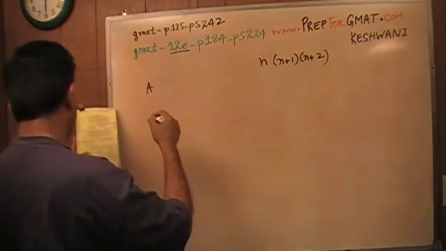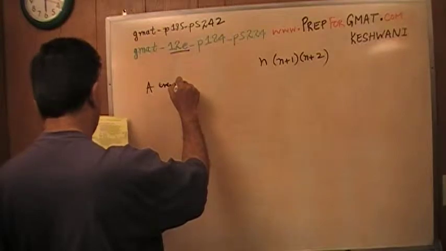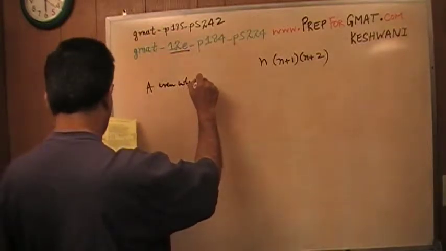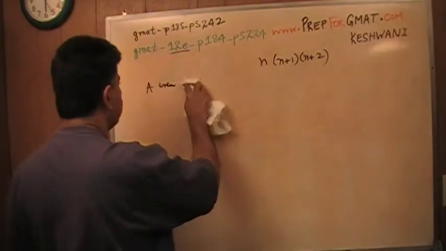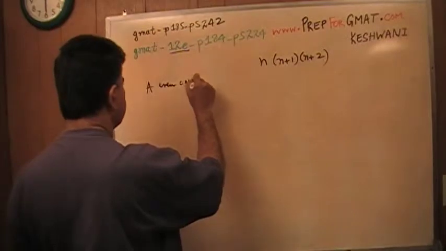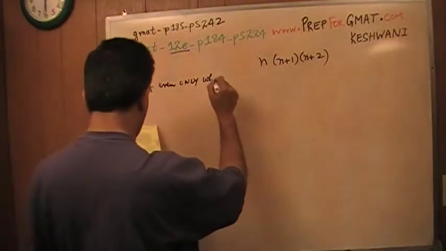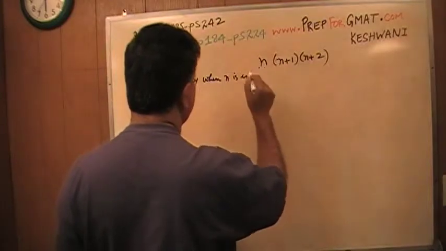So here's my n times n plus 1 times n plus 2. A says even only when n is even.